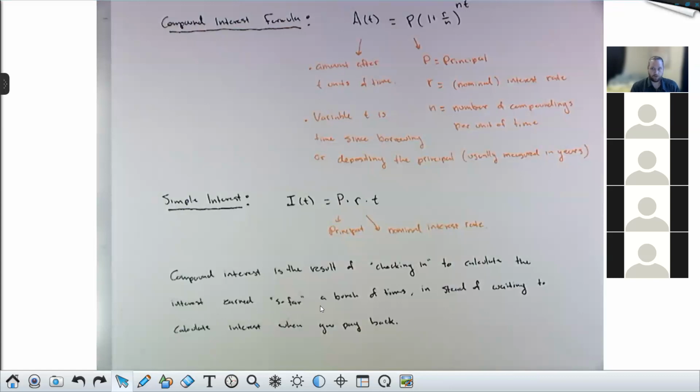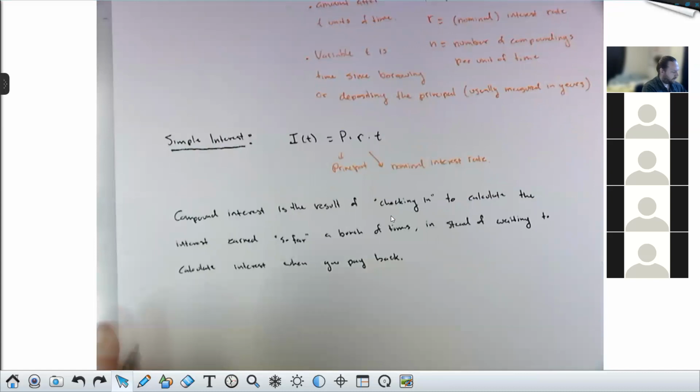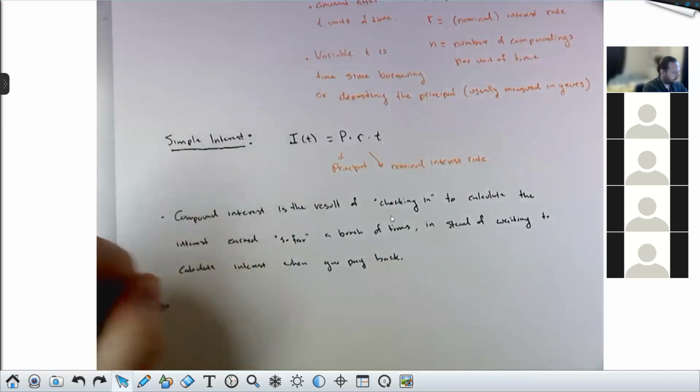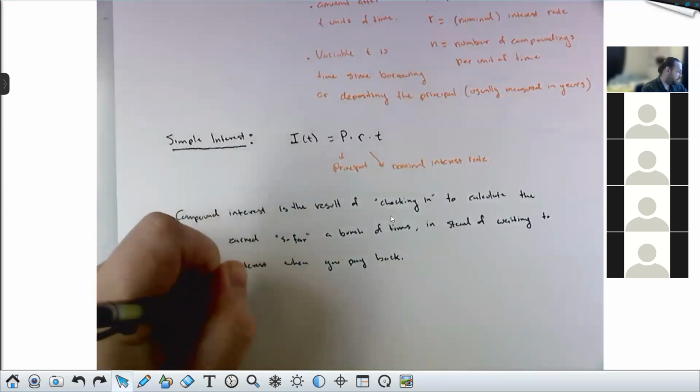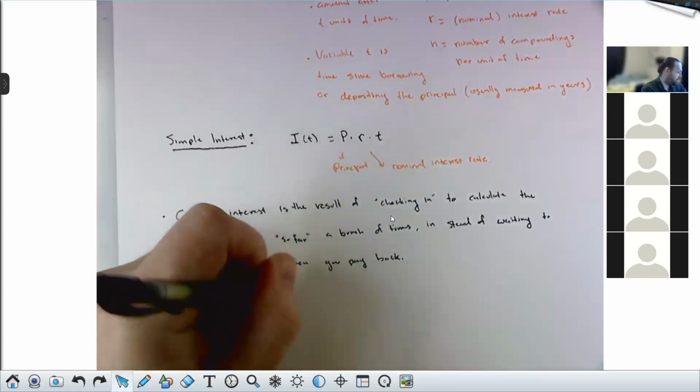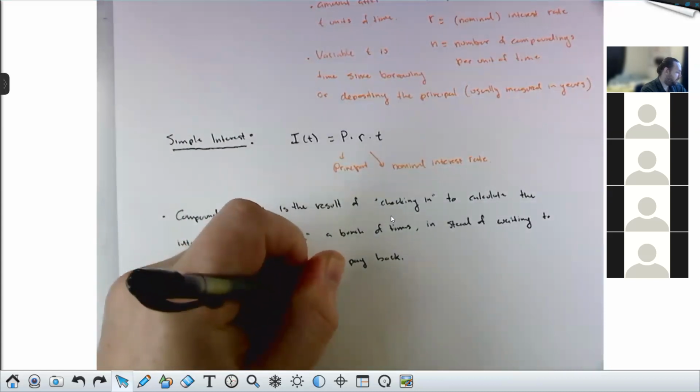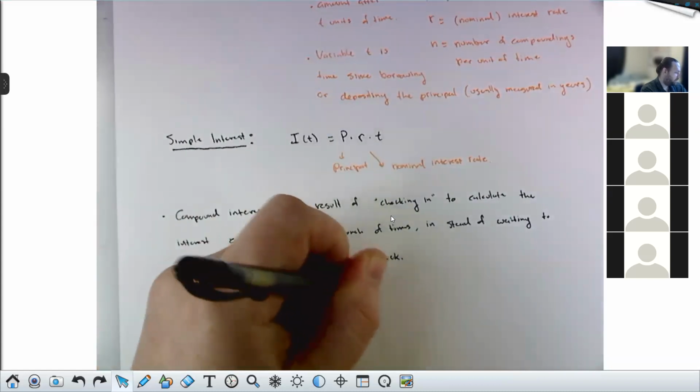Instead, what you want to do is calculate how much everybody owes you every day. So every day you go through all of the loans you have and you use this simple interest formula to calculate how much they owe you. So I'm actually going to write this down, and I want you to write it down as well. Imagine you give out a bunch of loans.